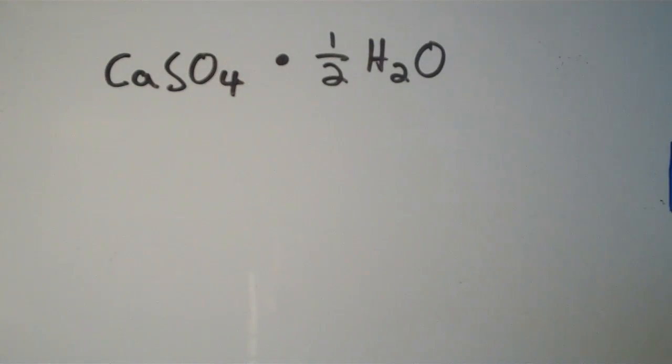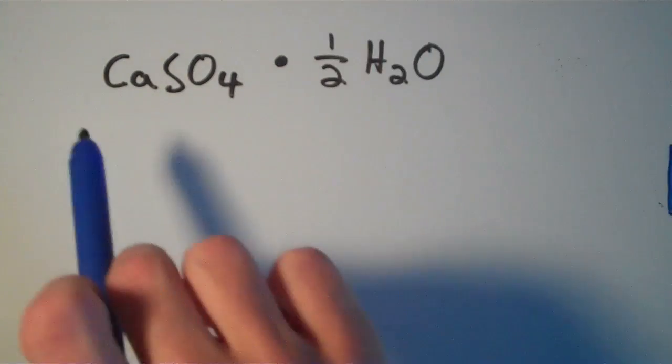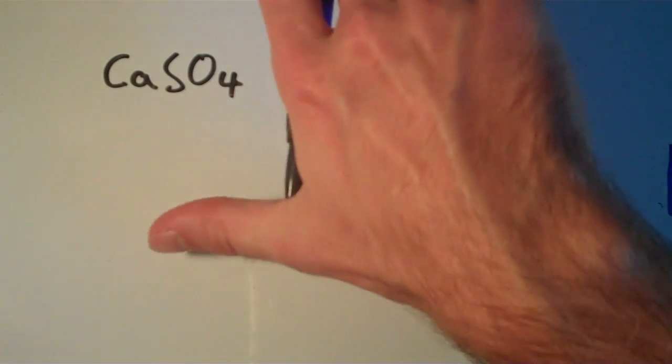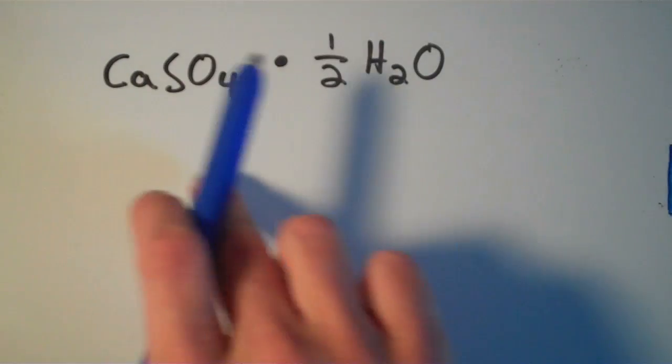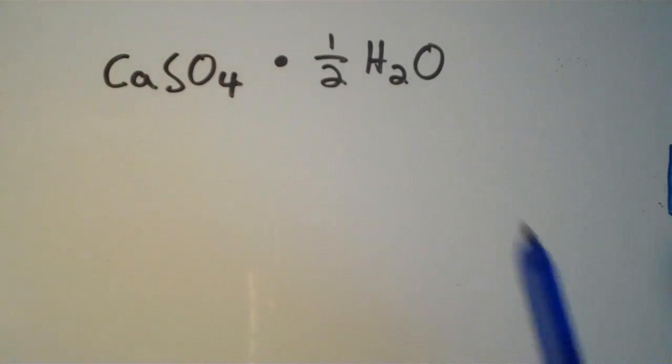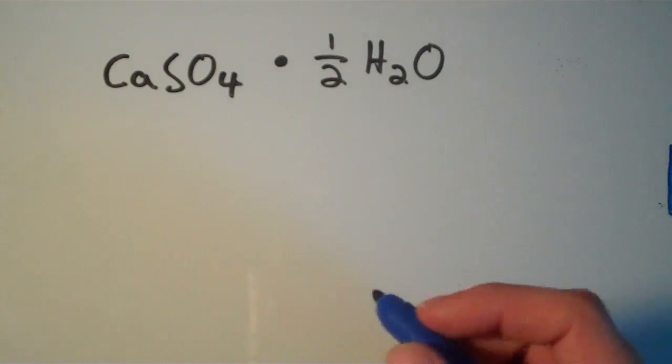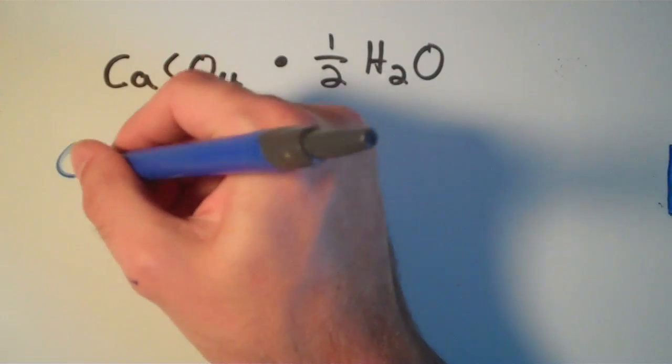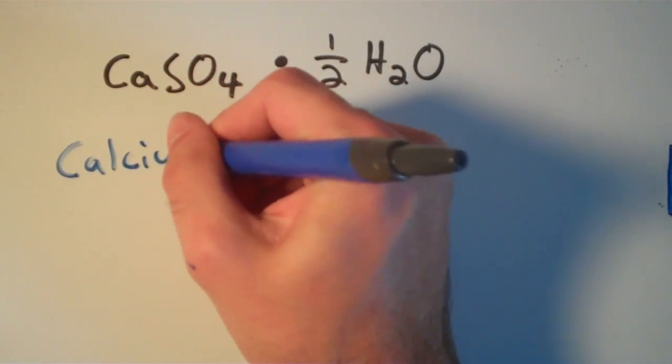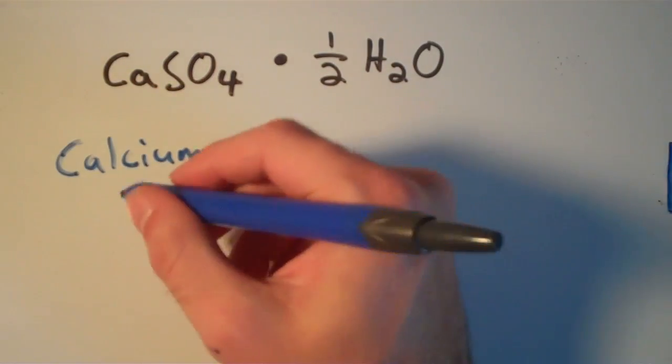What is the name of this? So first, let's just name the ionic compound if it were anhydrous. In other words, let's just worry about naming it as if there are no waters of hydration on it. So the name of this compound would be calcium sulfate.